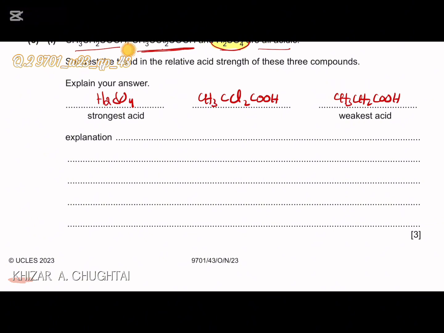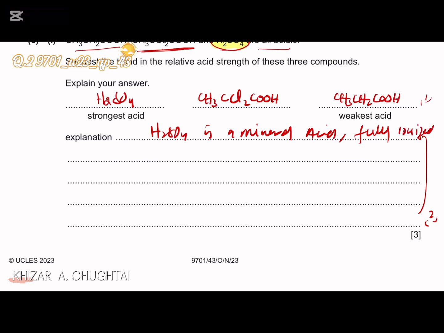Number one, what is the explanation? This whole trend is for 1 mark, the rest of the marks are 2. So what is the basic explanation? H2SO4 is a mineral acid and it completely ionizes, it is fully ionized in water.